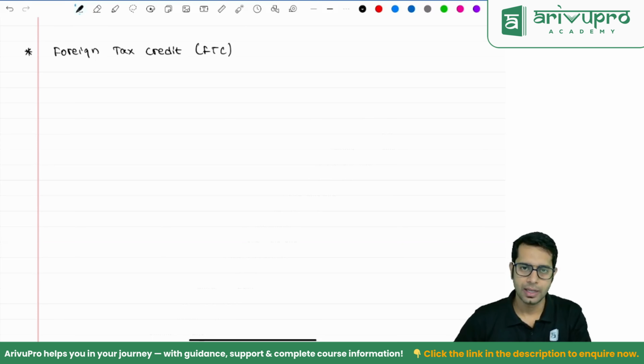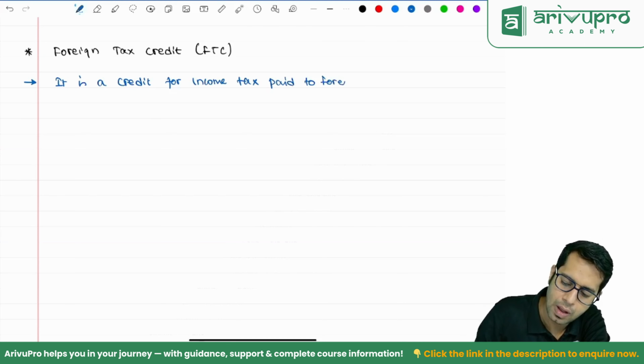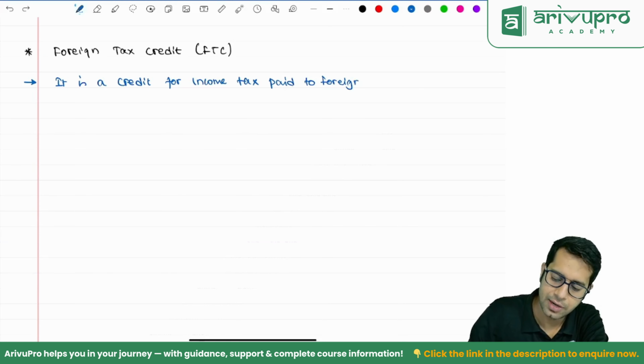It is a credit for income tax paid to foreign country. See, the difference between this is, this is a tax credit which is given, and that is an income benefit exclusion which is given.